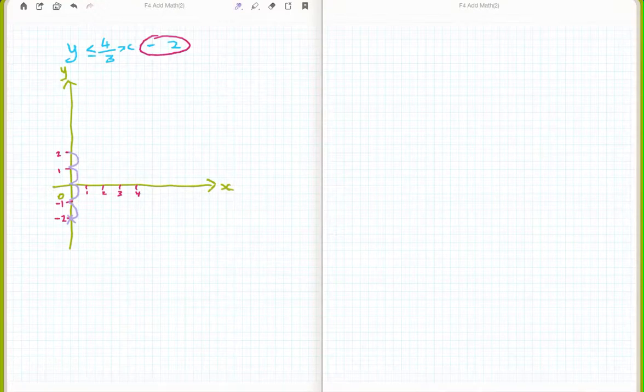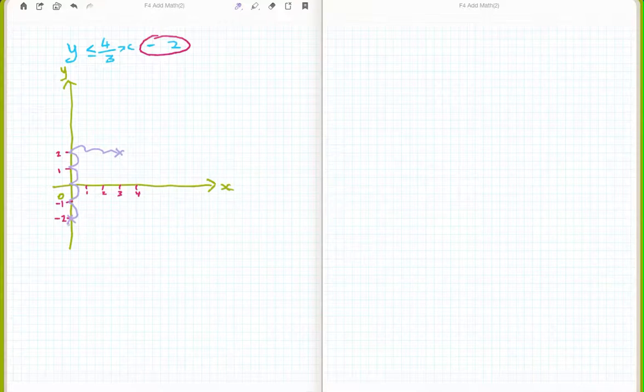Go up 4, and to the right 3. 1, 2, and 3. This is my second coordinate. One, two, three, four. 1, 2, 3. So yes, this is my second coordinate.